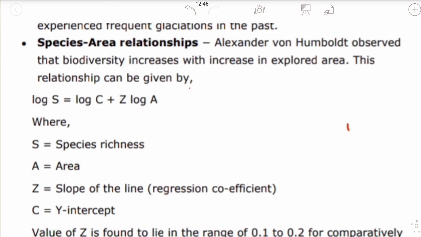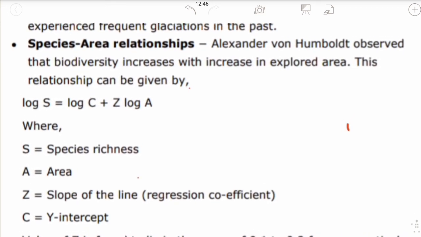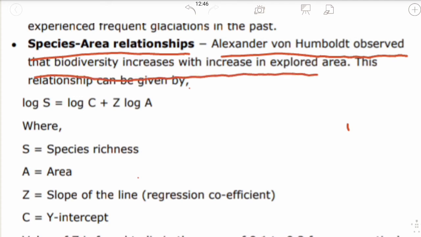The second important pattern of biodiversity is the species-area relationship. Alexander von Humboldt observed that within a region, species richness increases with the increase in explored area.